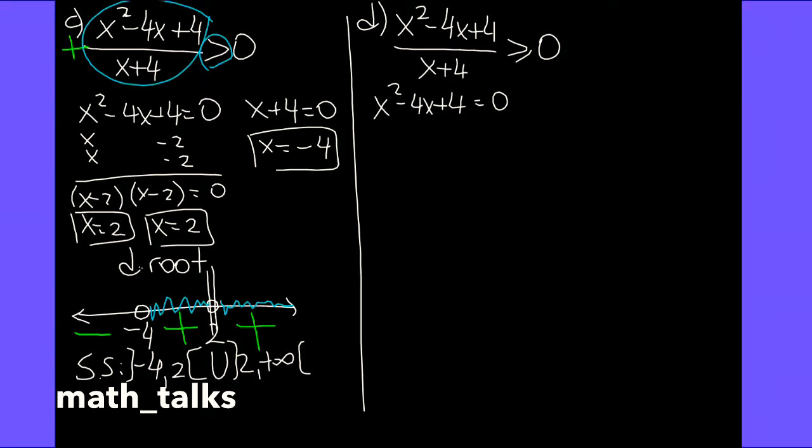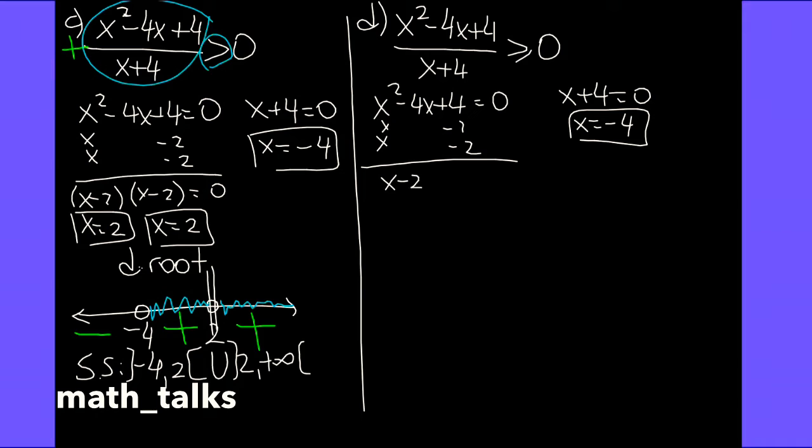You will take your denominator, equalize by 0. That's it. So from here it will be -4. How about from here? x and x, -2 and -2. So again, you have double roots here. Be careful. I can write it one time and say double root. It's the same as in the previous question.